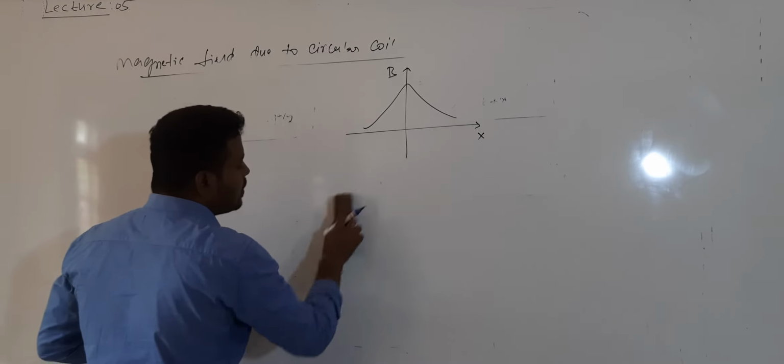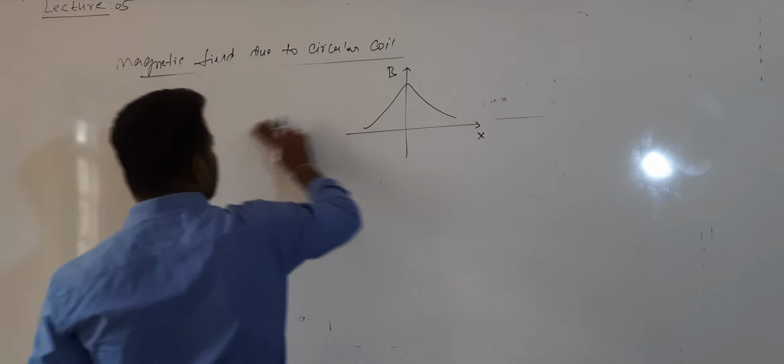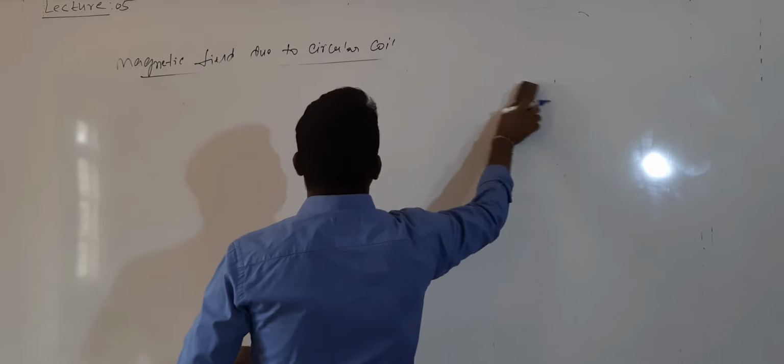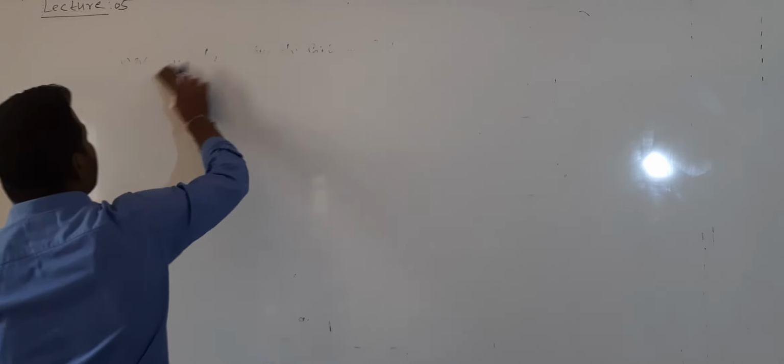Show that a circular current carrying coil acts as, or is equivalent to, a magnetic dipole.